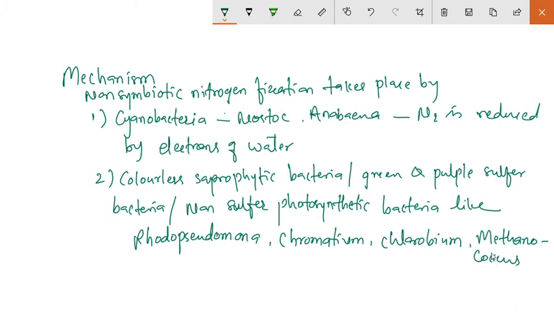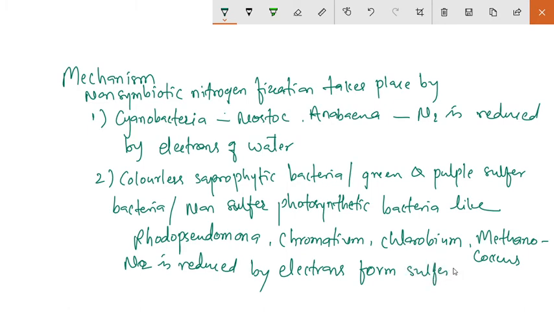Okay. So where nitrogen is reduced by electrons. In this case, the nitrogen is reduced by electrons. It forms sulfur, sulfide, hydrogen, and organic compound.